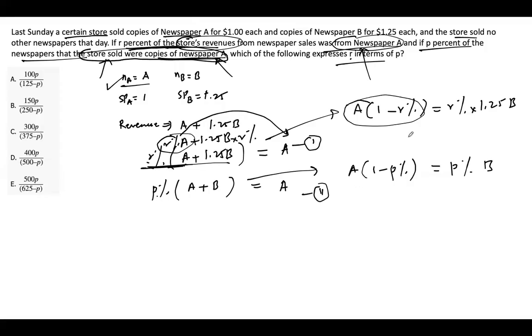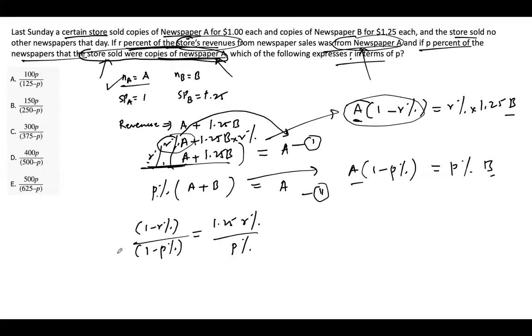Then I'm at a place wherein, if I divide, let's say, A I've taken common, B is there. If I divide both the equations, I'll get 1 minus R% upon 1 minus P% is equal to 1.25 R% upon P%.